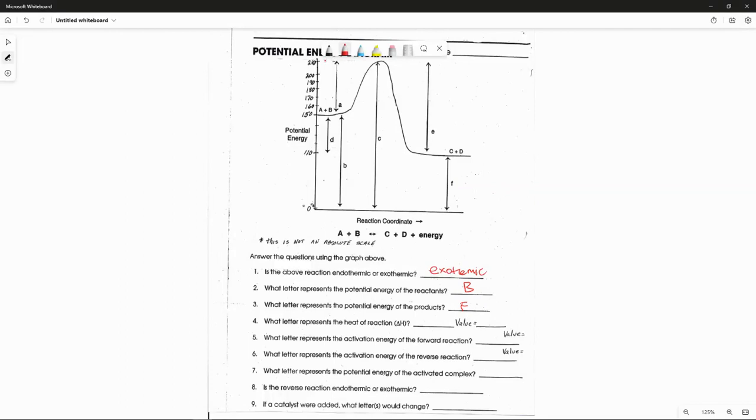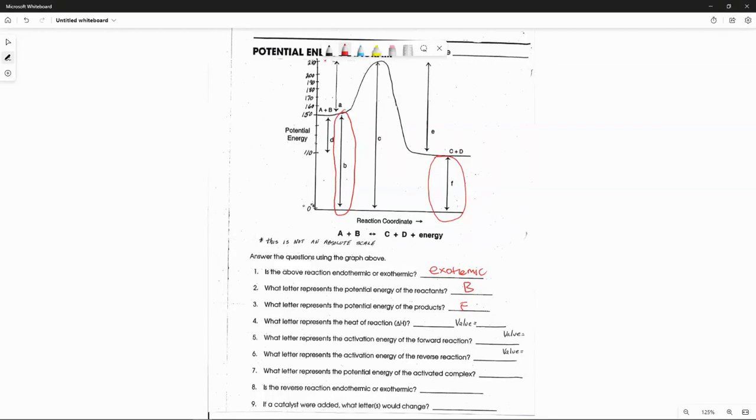What letter represents the heat of reaction, delta H? Delta H is going to be final minus initial. Final, right here, which is the product side, minus initial, which is this right here.